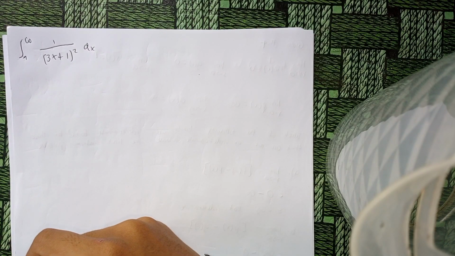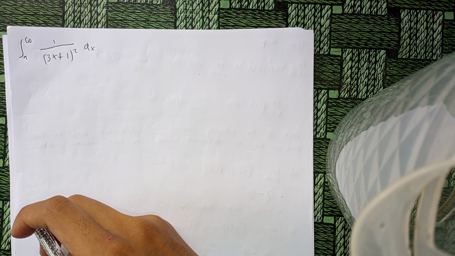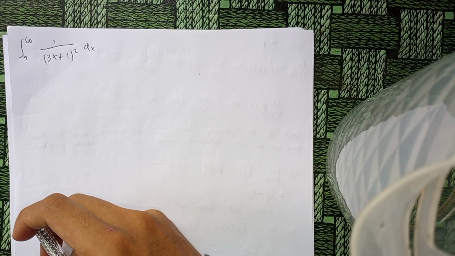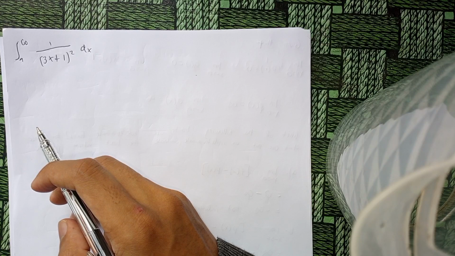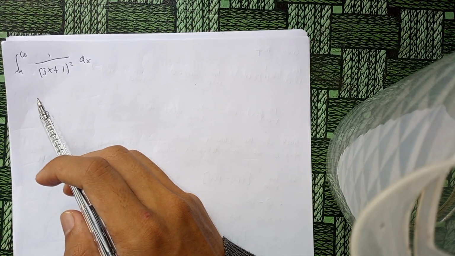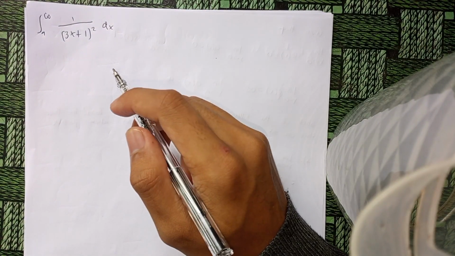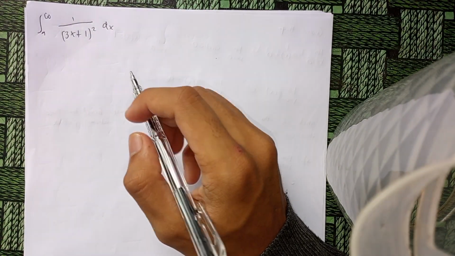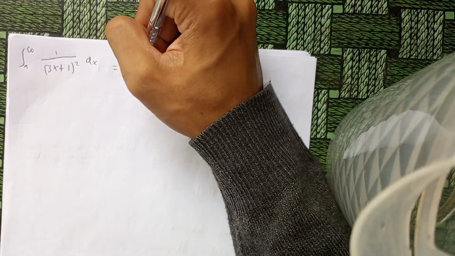Okay, so another problem here is all about improper integrals with infinite limits of integration. Our problem here is the integral of 1 over (3x plus 1) squared from 1 to infinity dx. Okay, so first let us use this formula.